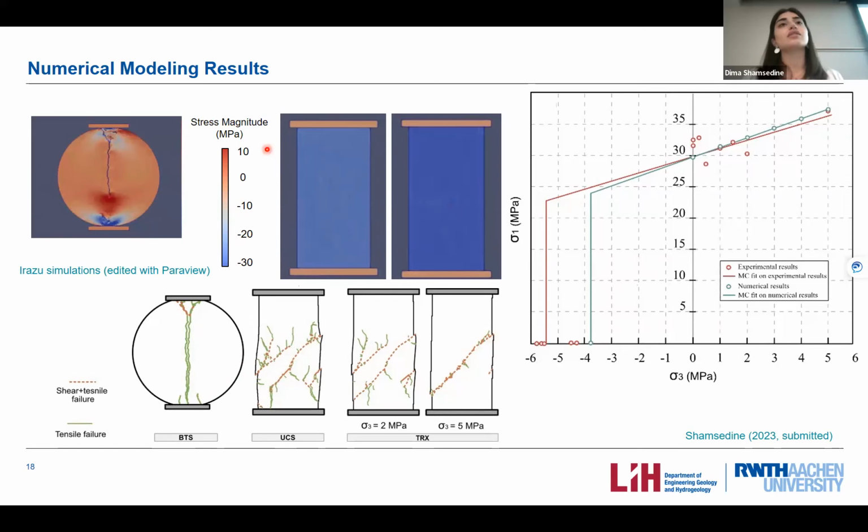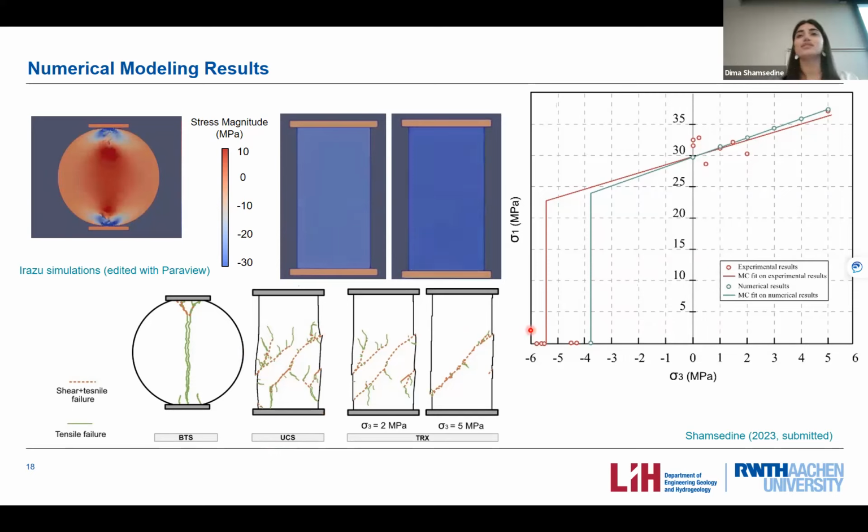And these GIFs here represent the numerical models that I've obtained using Irazu. The software that I'm using is Irazu, provided by Geomechanica company, also here in Toronto. I forgot to mention that. So we can see quite a good resemblance between the numerical models and the experimental results.